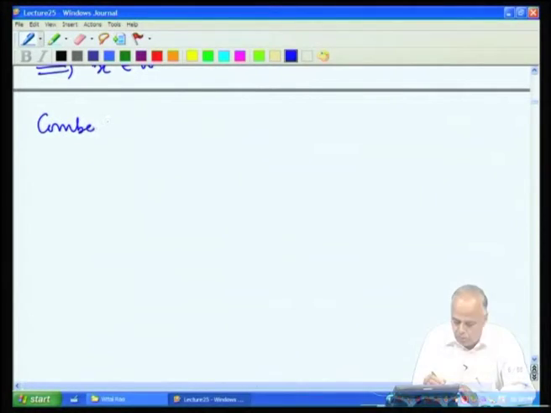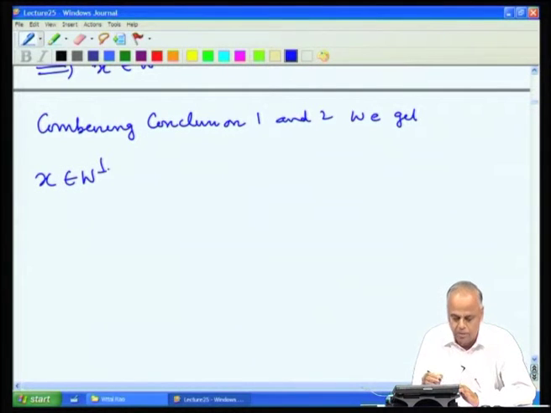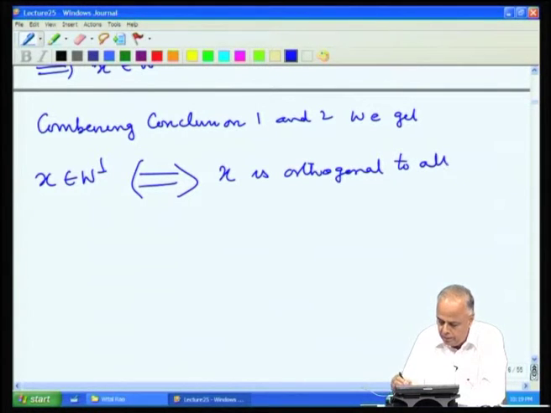So, combining conclusion 1 and 2, we get x belongs to W perp if and only if x is orthogonal to all the vectors in a basis for W.